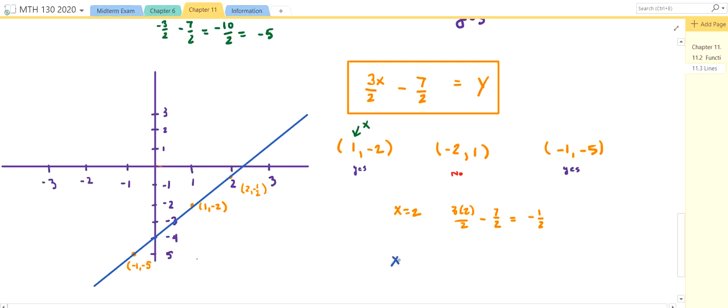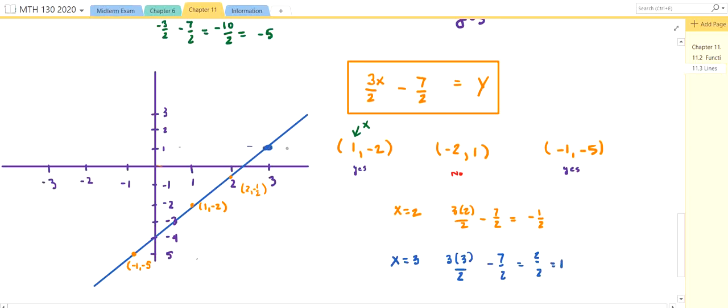So let's try that. If x equals 3, then we have 3 times 3 over 2 minus 7 halves. So we got 9 halves minus 7 halves equals 2 halves equals 1. So it does actually equal 1.